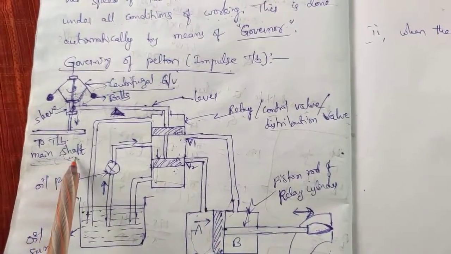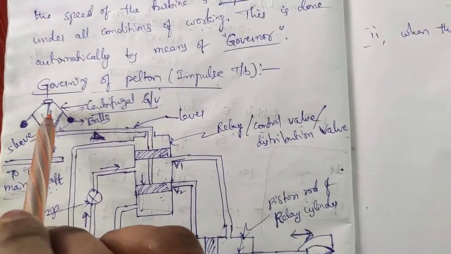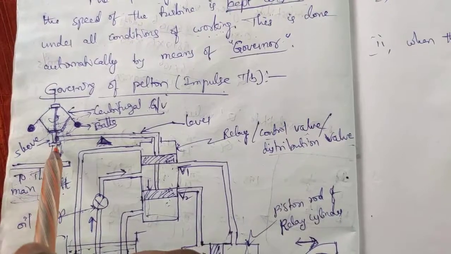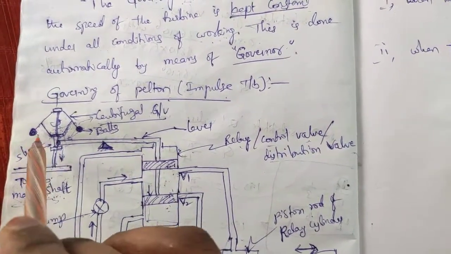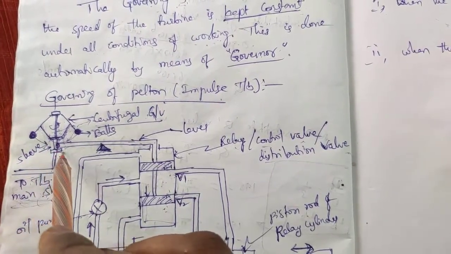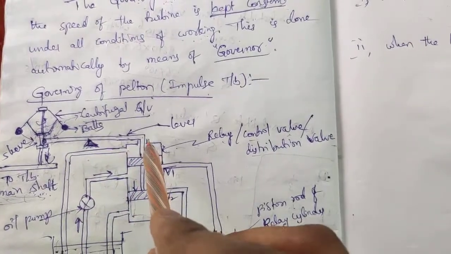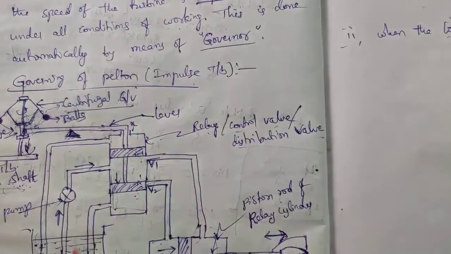So the turbine main shaft rotates with less speed, and due to this slow speed of the turbine, the balls move towards the inner side and the sleeve moves downward, thereby the lever moves upward in the relay cylinder.